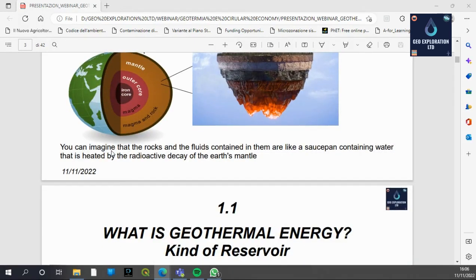You have to imagine that the rocks and fluids contained in the crust and in the mantle are like a saucepan containing water, and in some conditions what we are searching for and finding is hot rocks with water that can constitute the reservoir for geothermal energy.